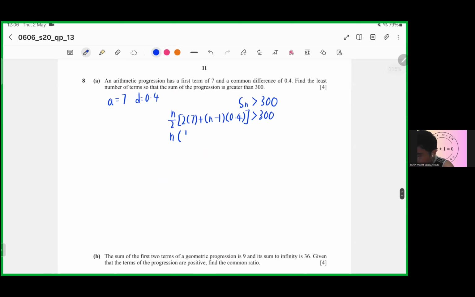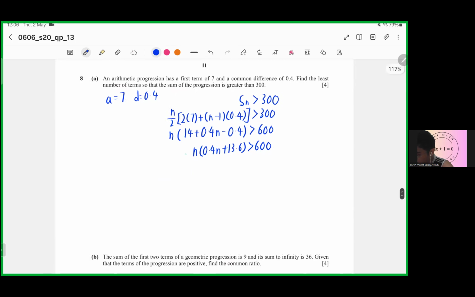n bracket 14 plus 0.4n minus 0.4 more than 600. So n bracket 0.4n plus 13.6 more than 600. So we get 0.4n squared plus 13.6n minus 600.